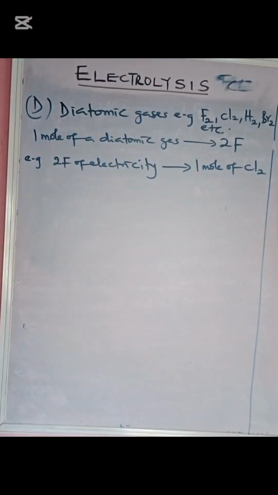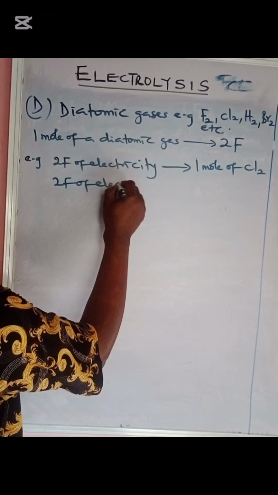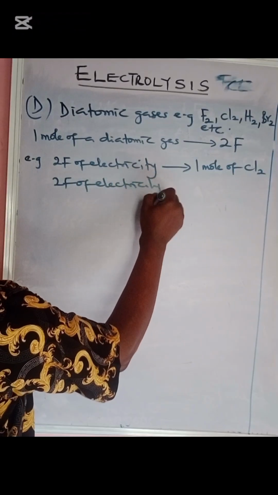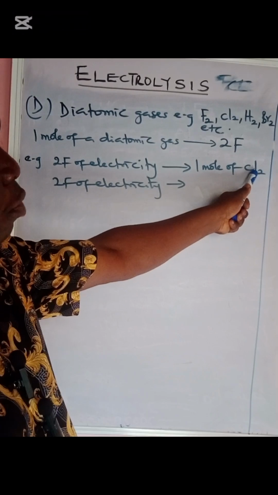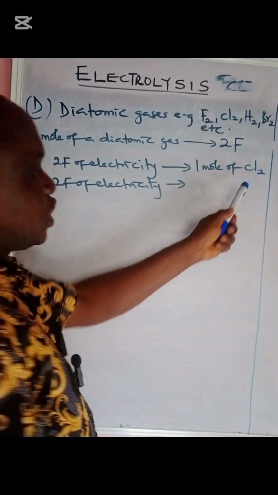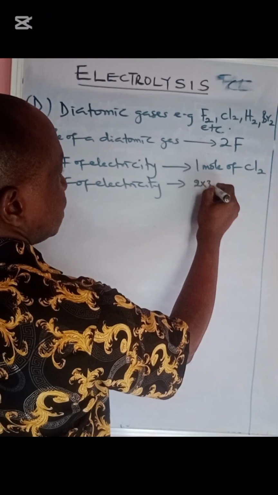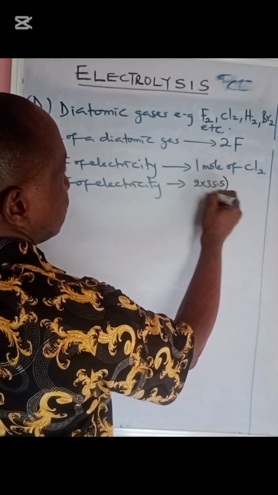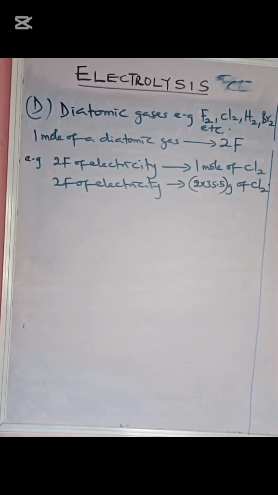Or 2 Faraday of electricity is required to deposit, for chlorine gas, the relative atomic mass of chlorine being 35.5, so 2 times 35.5 grams of chlorine gas in terms of mass.